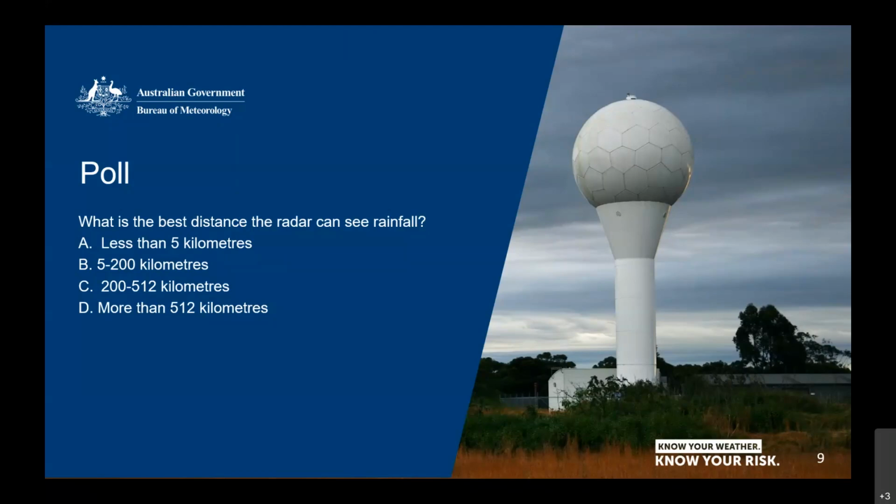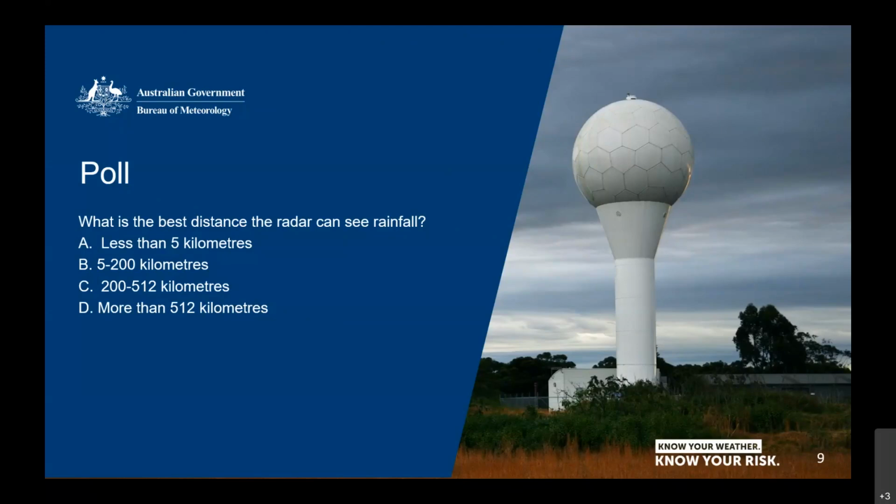Sure. Okay, so our beam is sent out from our radar, and in the circumstance that it does have to travel through a band of rain or something before reaching the further area of rain, some of the energy actually is lost. That's really dependent upon the intensity, or the size of the targets, or how many targets there are.